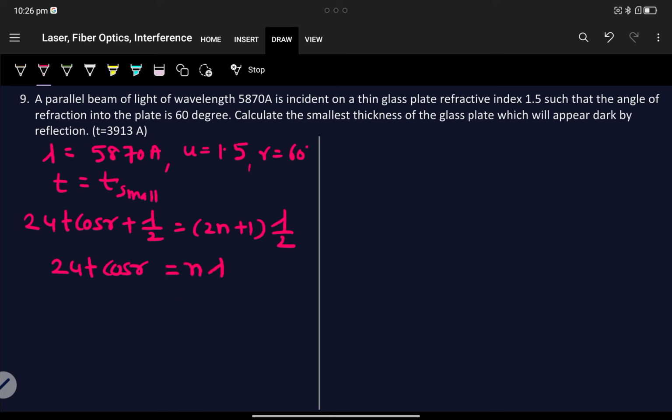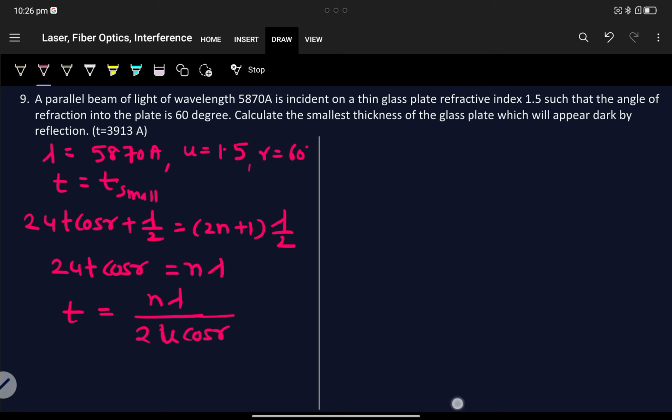Our aim is to find the thickness, so t I can write as n lambda divided by 2 mu cos r. So for minimum thickness, we'll take n equals to 1.